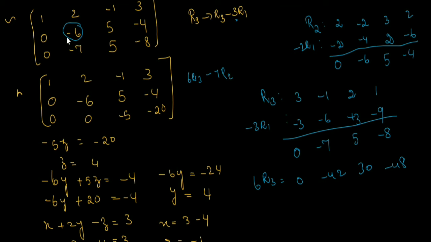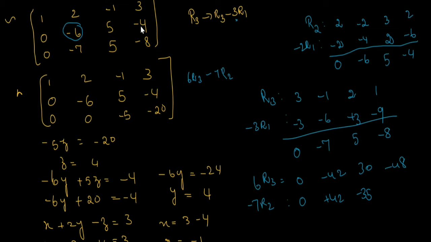Then you have to multiply the second row by minus 7. So minus 7 R2. What is minus 7 R2? Minus 6 will become plus 42. Minus 7 into 5, minus 35.